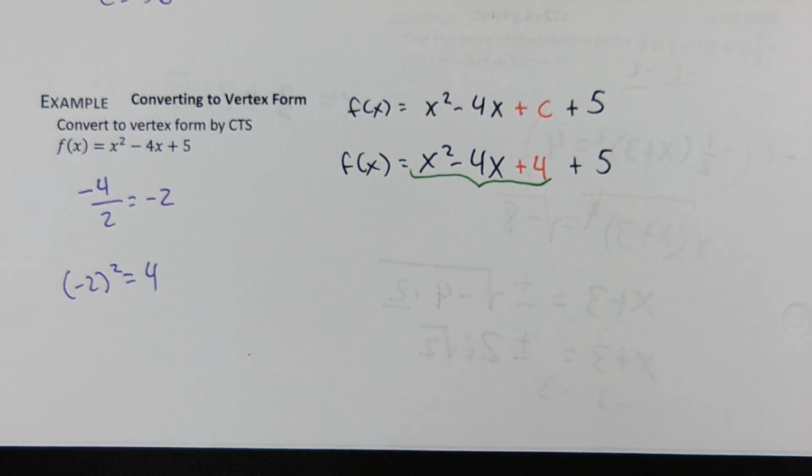It's been altered. I'm not allowed to do that. So how do I make sure that I didn't actually change the equation? I'm just manipulating the way it looks. It can't say plus 9. It's supposed to say plus 5. So what would I have to do so that it did say plus 5, Jared? Oh, and I would have to subtract 4, wouldn't I?